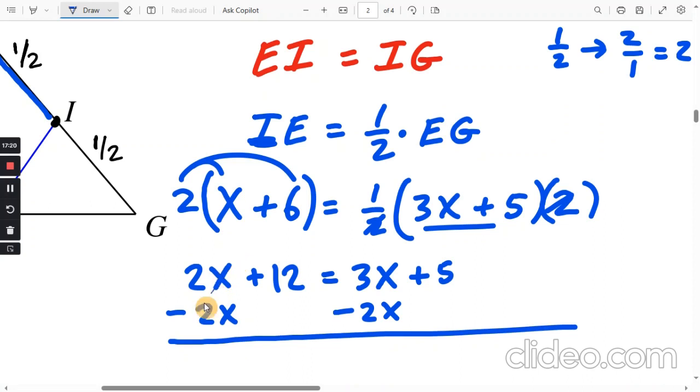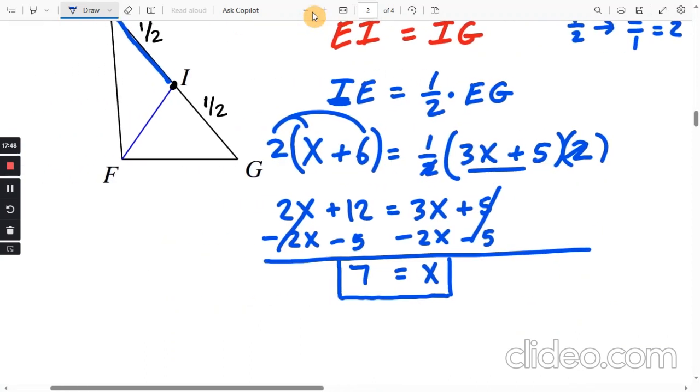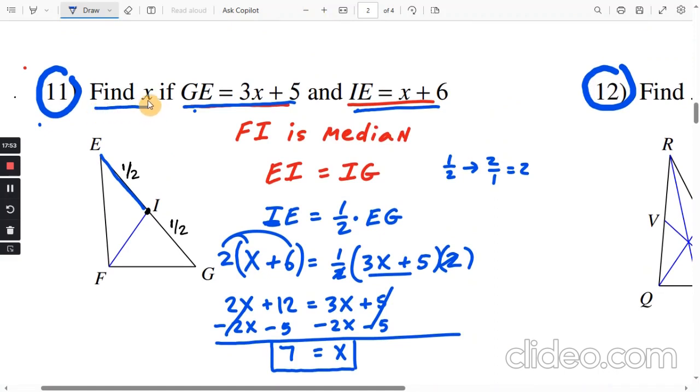It cancels here. And 3x minus 2x is just x. Bring down the equal sign. Now, since the x's are on the right, I want the numbers on the left. The opposite of plus 5 is minus 5. 5 minus 5 cancels, and 12 minus 5 is just 7. All right, so x equals 7. And I think that's all they asked for. Let's make sure. Yes, they said find x. So that's it.